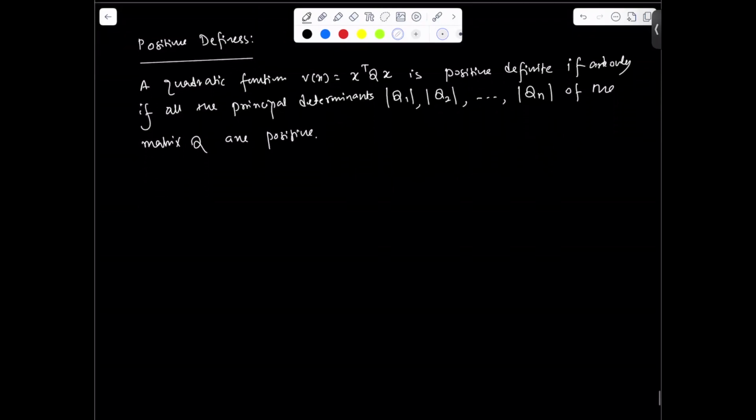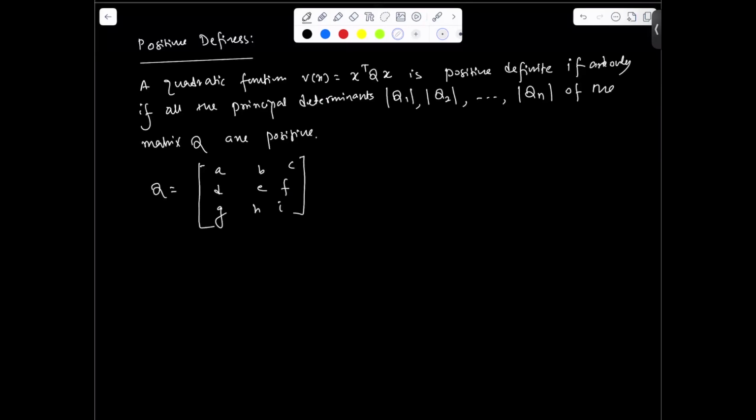Let us assume we have the matrix Q, defined by A, B, C, D, E, F, G, H, I, for example.